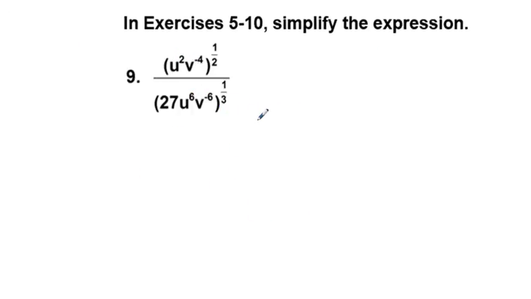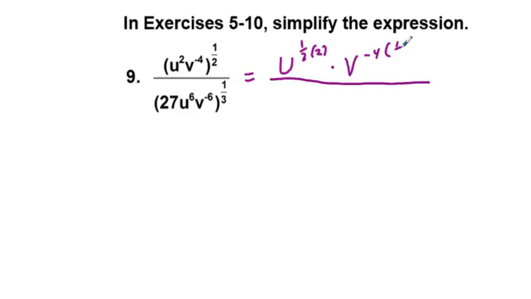Next, problem 9. We're going to distribute, as we did earlier. We have in the numerator u to the power of 1/2 times 2. I'll just write out 1/2 times 2 times v to the power of -4 times 1/2, over all this to the 1/3 power.